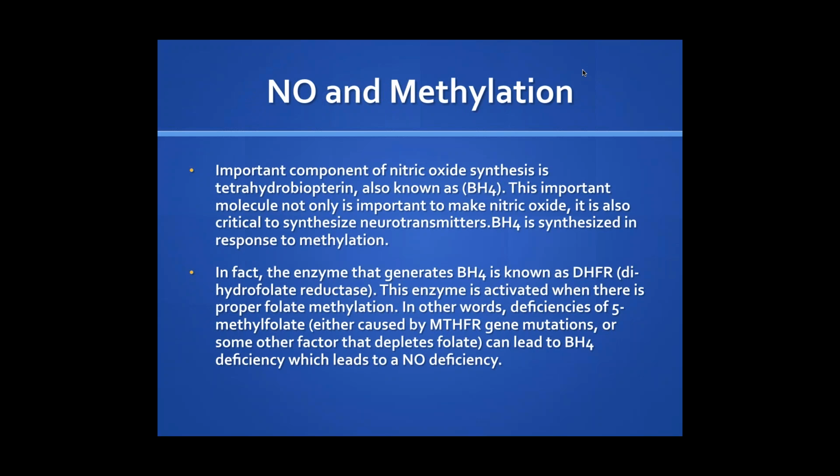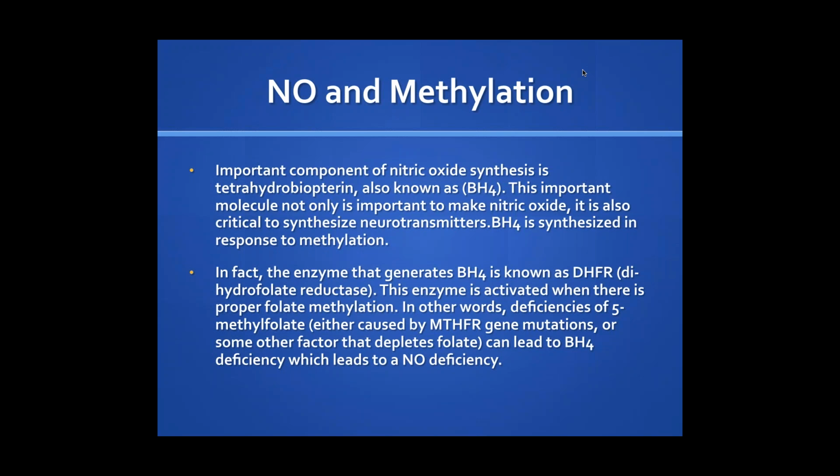An important component of the nitric oxide synthase is tetrahydrobiopterin, also known as BH4. This molecule is important not only to make nitric oxide, but it's also critical to synthesize neurotransmitters. BH4 is synthesized in response to methylation. In fact, the enzyme that generates BH4 is known as the dihydrofolate reductase enzyme, or DHFR, and you can actually have a variant in that enzyme as well.